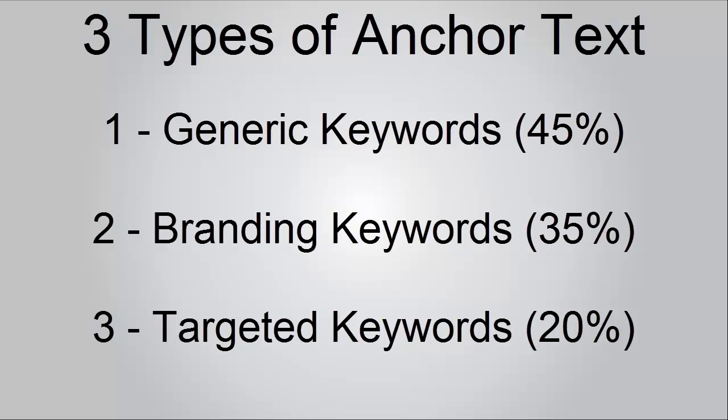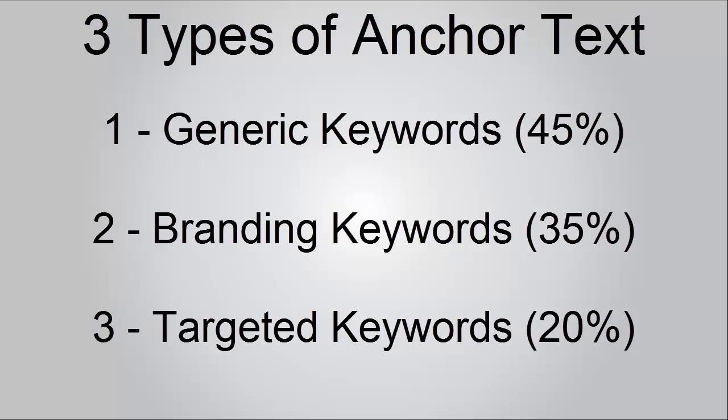But if we're talking about lower tier links, then we're probably going to want to focus on the generic and the branding keywords for anchor text. Now again, it's just my recommendation, but a nice breakdown for targeted keywords would be about 20% of your entire linking profile in terms of the anchor text you're using.